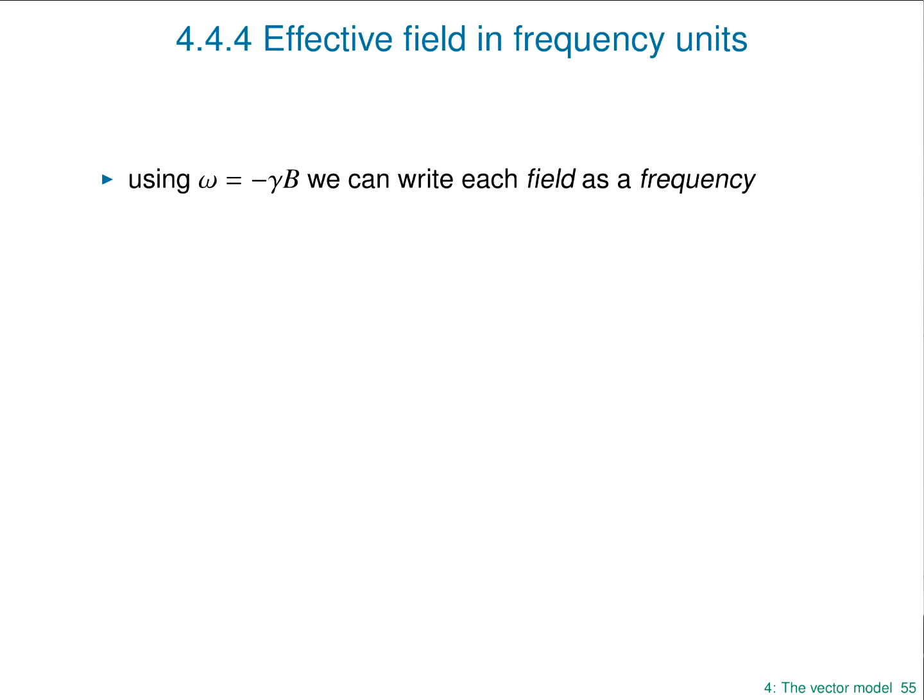So every magnetic field you can write as a corresponding frequency. So the offset, big omega, is minus gamma delta B. Little omega 1 is gamma B1, and omega effective is gamma B effective. So every magnetic field has a corresponding frequency, and they're just proportional to minus gamma.